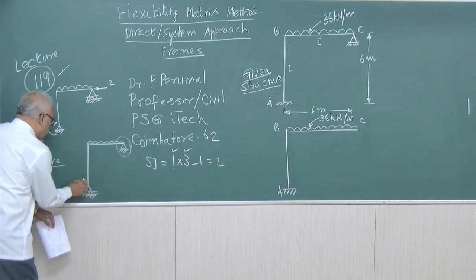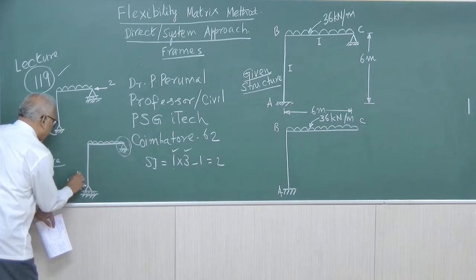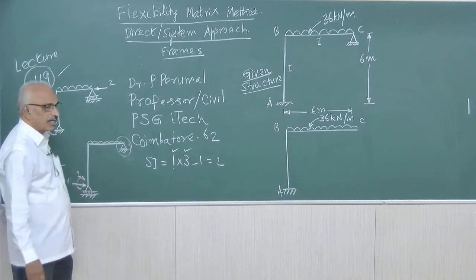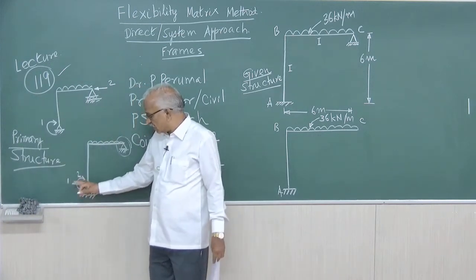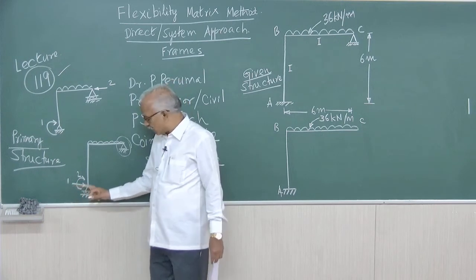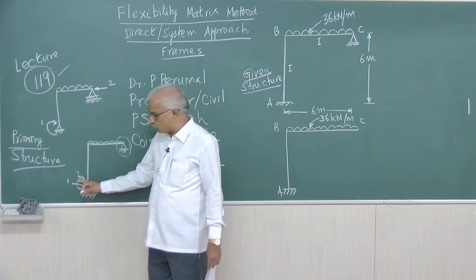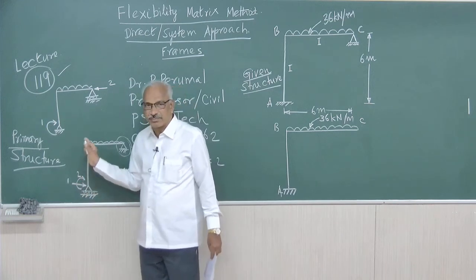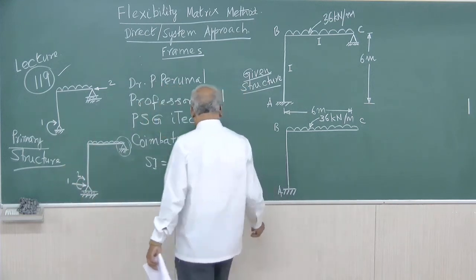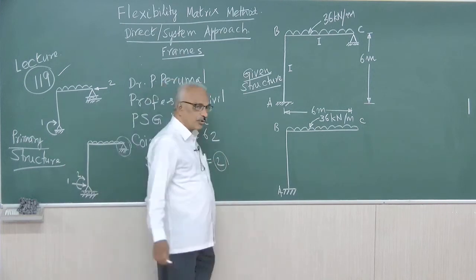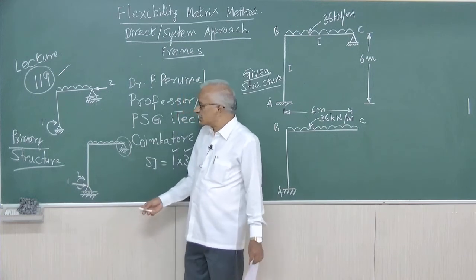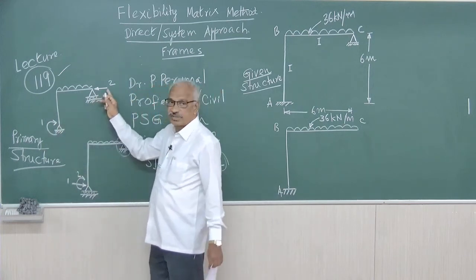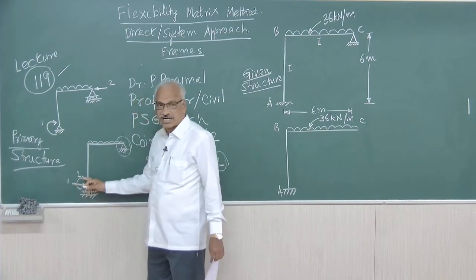Then it is also free to rotate, which is the second release. By removing the moment at A and the horizontal reaction at A, because by placing this on rollers it can undergo both displacements, any 2 can be treated as redundant, and by removing them you can make the structure statically determinate. Here, this is redundant 1, this is redundant 2.